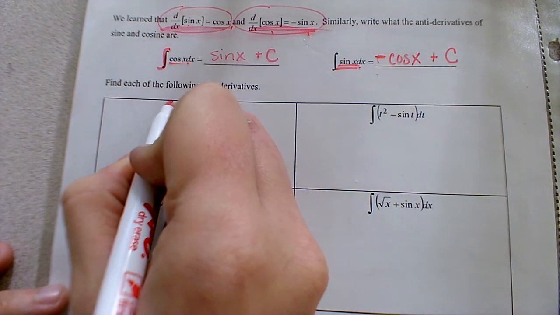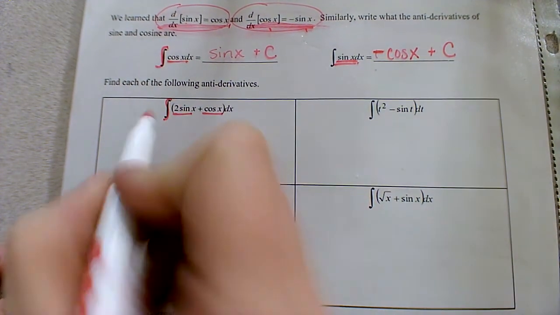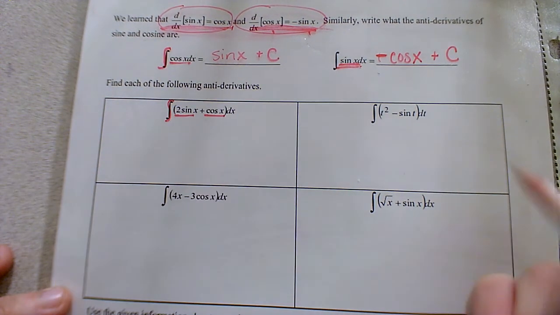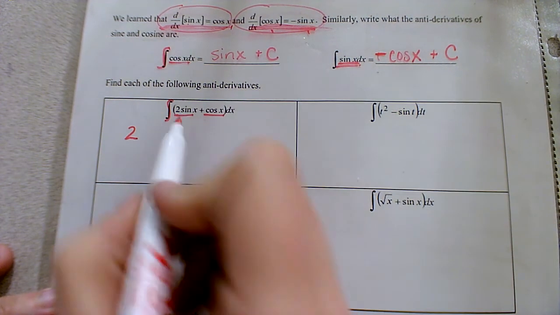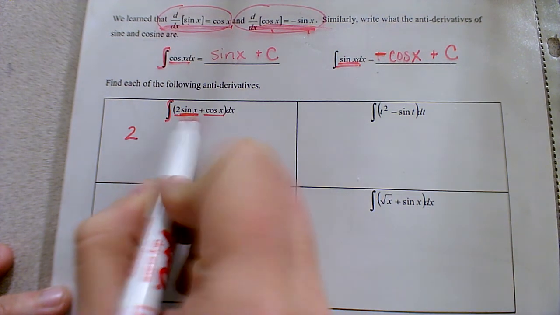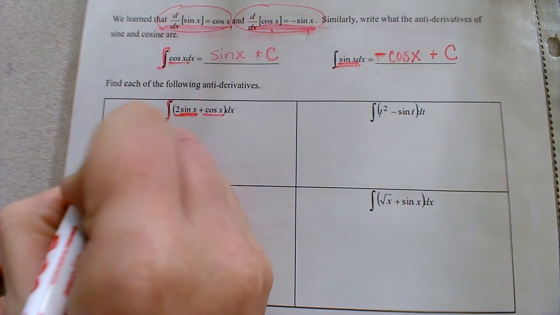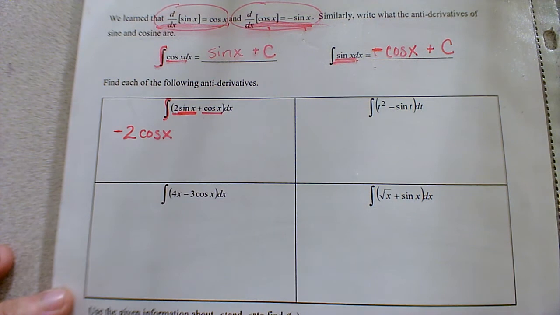Looking at the first one, we're going to work backwards from each term individually. Much like with derivatives, where we would keep a constant by itself, we can do that same idea with these integrals. So I'm really just going to work backwards from sine of x, and up here we said that would be negative cosine. So I'll put the negative in front of the 2 and then write cosine of x afterwards.